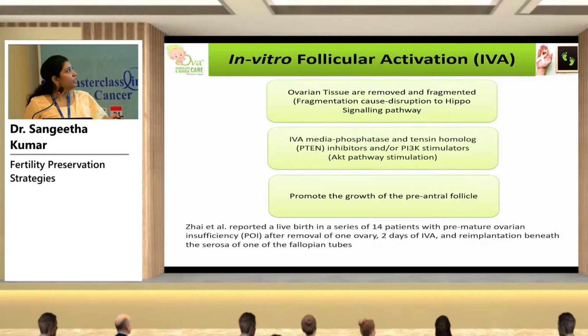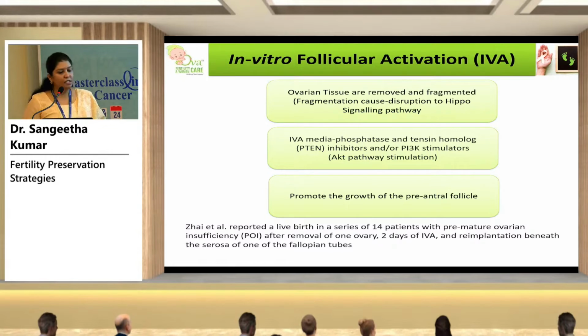They also subjected them to IVA, in vitro activation media, containing phosphatase and tensin homolog inhibitors and PI3K stimulators. They saw promotion of growth of the primordial follicles to preantral follicles.